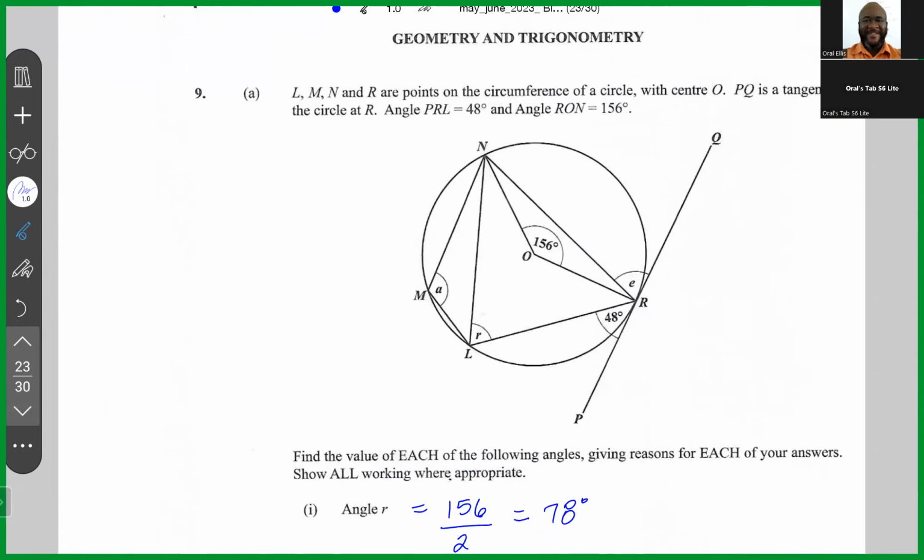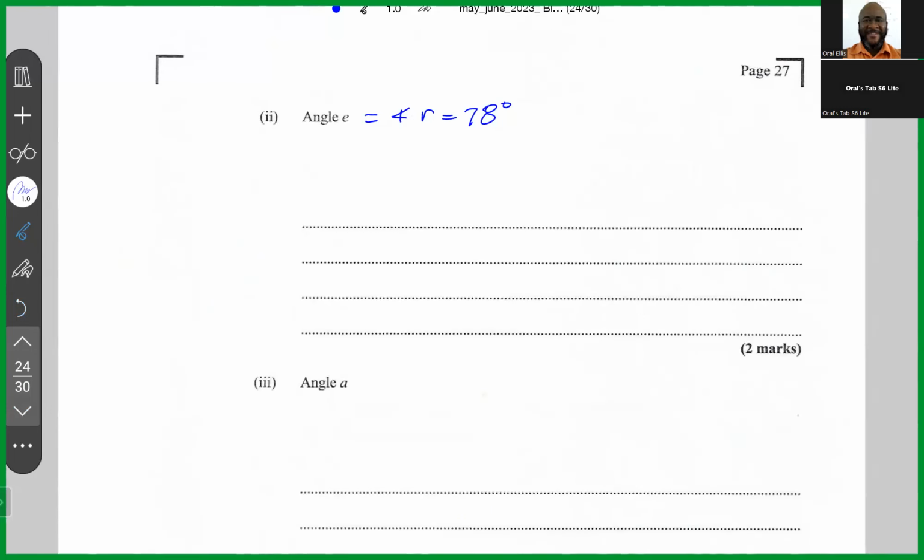The angle between the chord and the tangent at the point of contact, which is angle E, is equal to the angle in the alternate segment, which is angle R. So it's coming from this rule: the angle between the tangent and the chord at the point of contact is equal to the angle in the alternate segment. So that is the rule. So I can say that angle E is equal to angle R. They're both equal to 78 degrees.